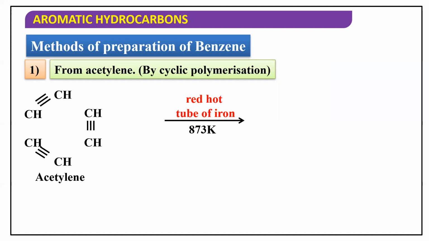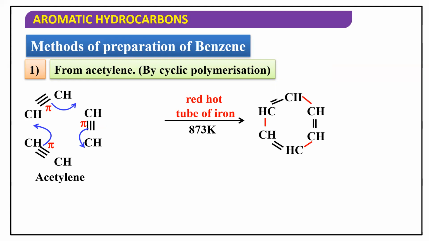So when acetylene or ethine is passed through a red hot tube of iron at 873 Kelvin, there is rearrangement of bonds. Bonds get rearranged like this to give us the final compound, which is benzene, C6H6.